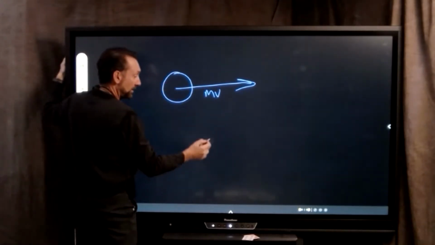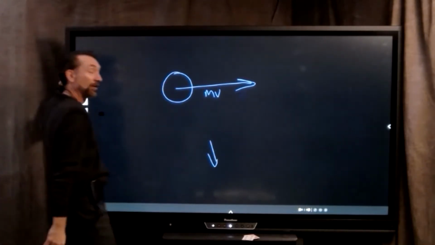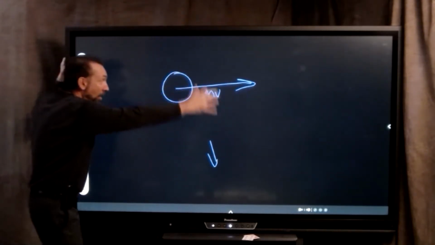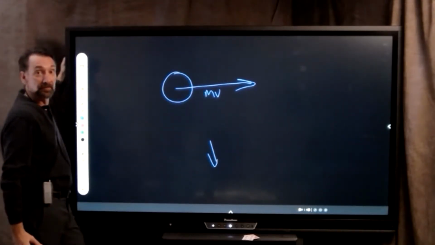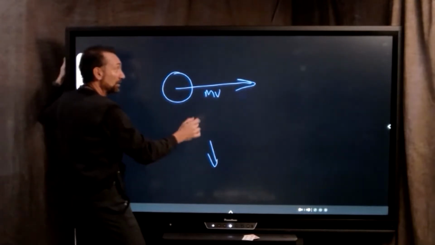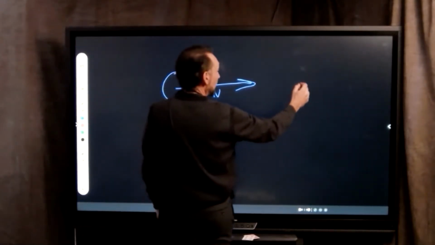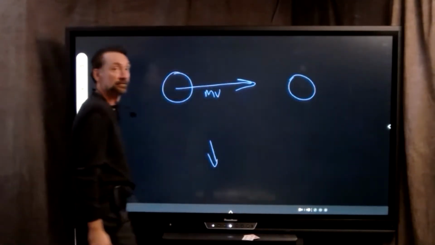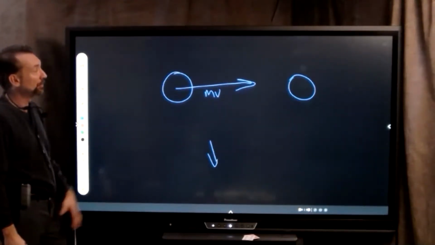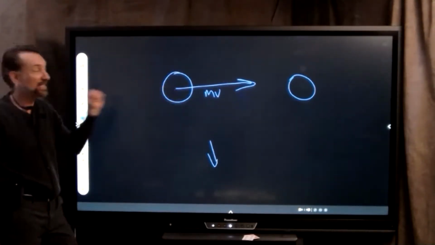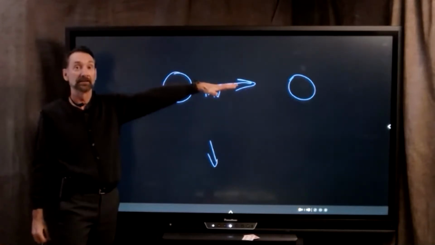Say there's a force of gravity somewhere. If I know all the forces of that system, I can tell you where that system will be any time t later.